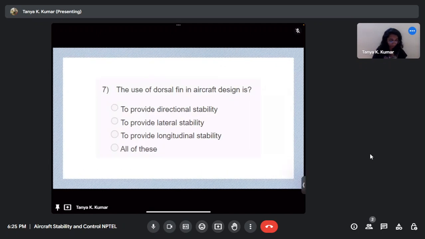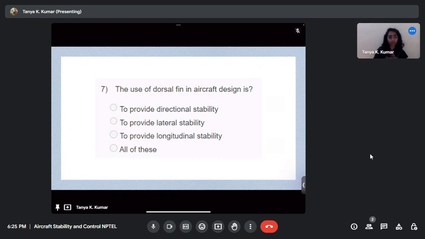Okay. The use of dorsal fin in aircraft design is a similar question we had seen in the last class. What is a dorsal fin? I think a couple of weeks back we had seen something related to dorsal fin. So what are dorsal fins? Can someone tell me what dorsal fins are?